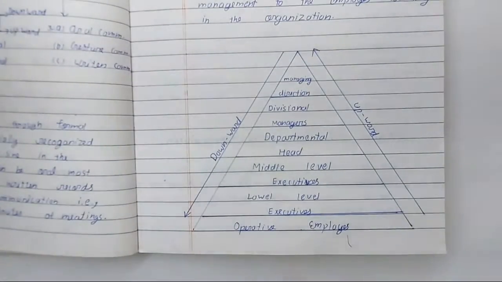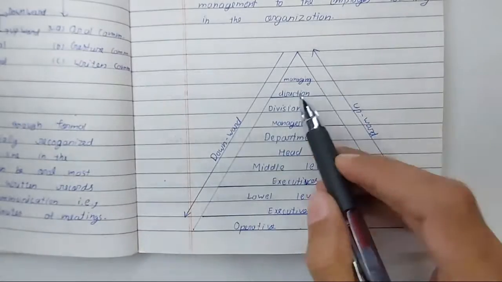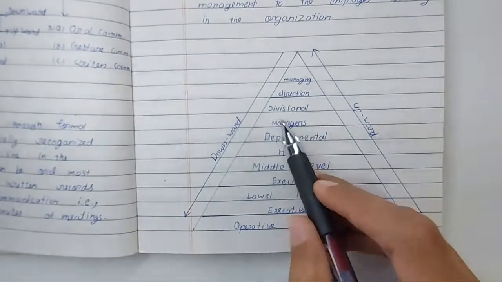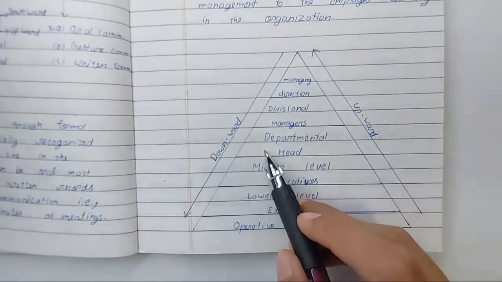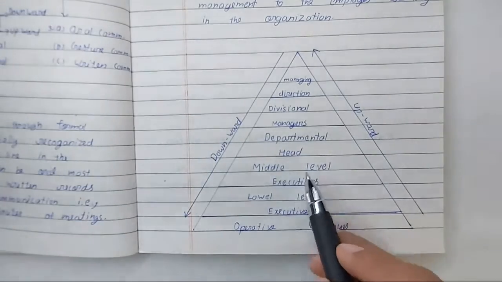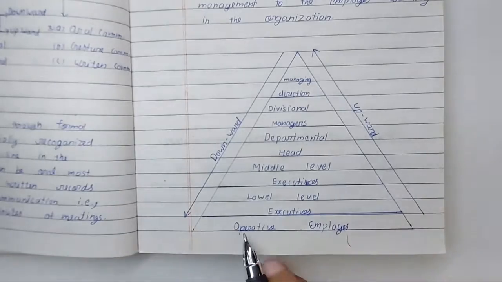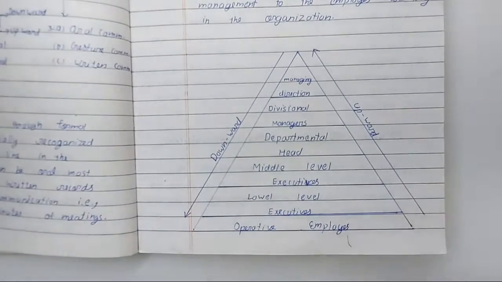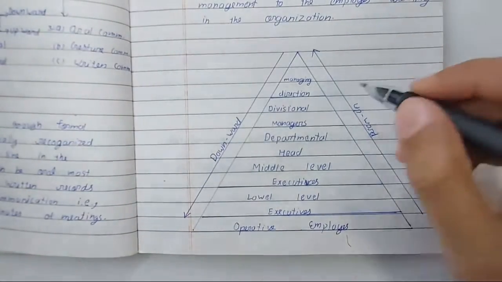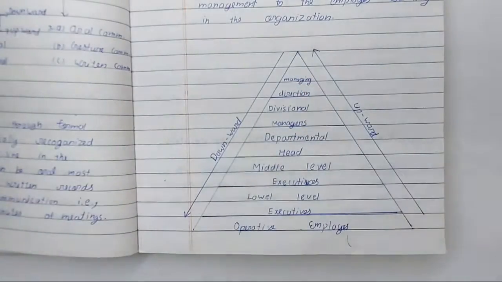In this diagram: top level managing director, divisional manager, departmental head, middle level executive, lower level executive, operative employees. Upward communication and downward communication.